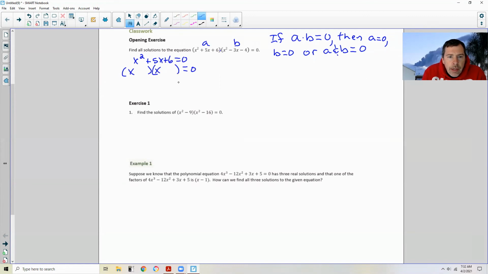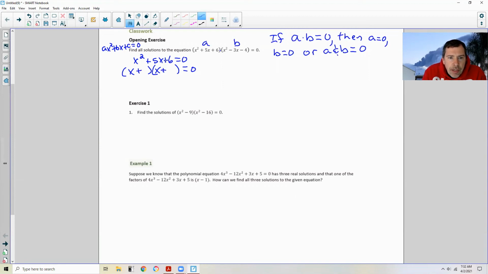Remember, ax squared plus bx plus c equals 0. If you take factors of c that add up to b, that's how you do this. So factors of 6 are 1 and 6, and 2 and 3. Since this is positive, they're both the same sign, and the middle term is positive, so these both have to be positive.